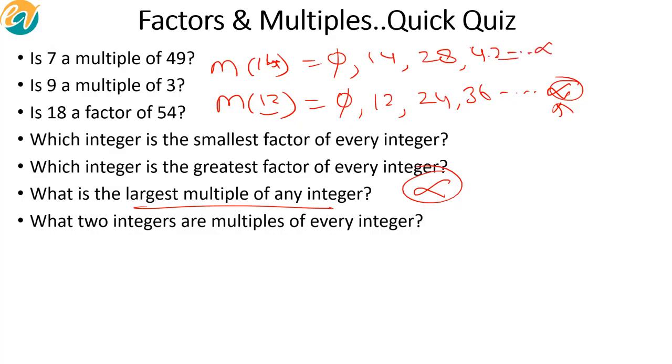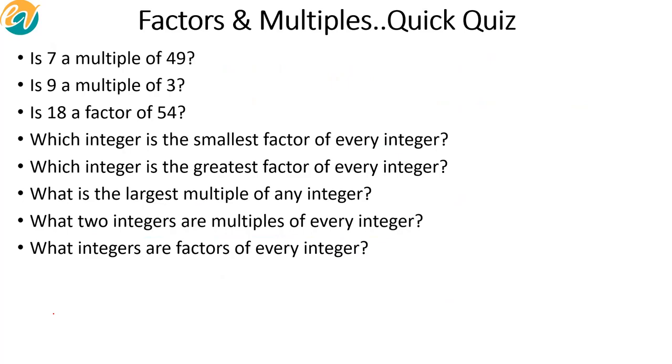Right? So what two integers are multiples of every integer? Well, 0 is a multiple of every integer, and the number itself is always a multiple of itself. So 0 and the number itself.